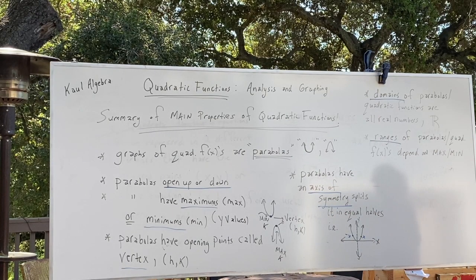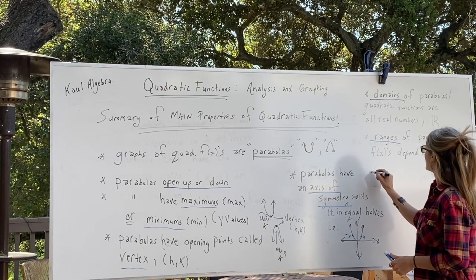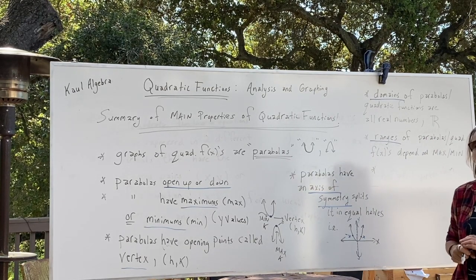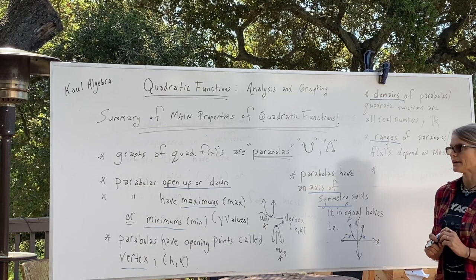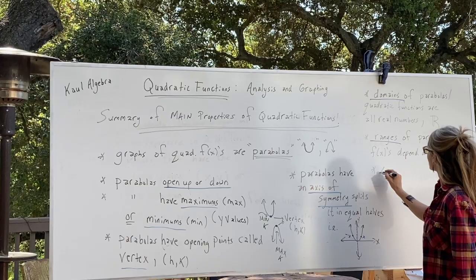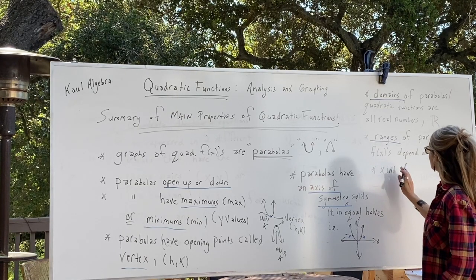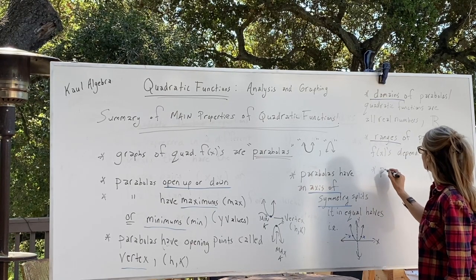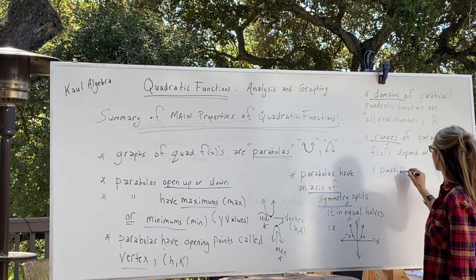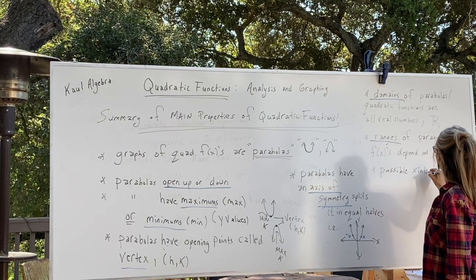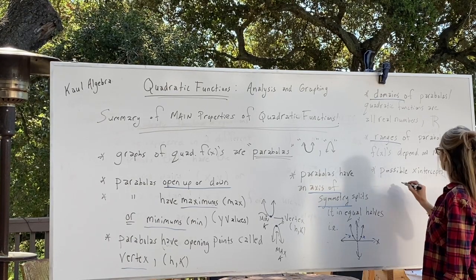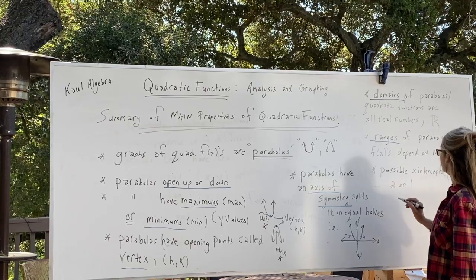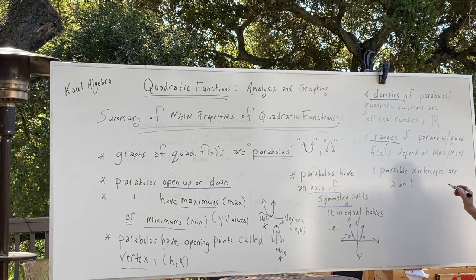Okay, what's left? What are some of the other main features? Well, intercepts. Okay, so a parabola or quadratic function is interesting in that you could have x-intercepts, but sometimes you don't. Your possible x-intercepts are 2 or 1, okay, or none.